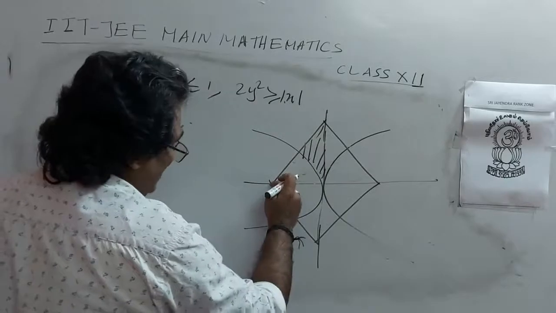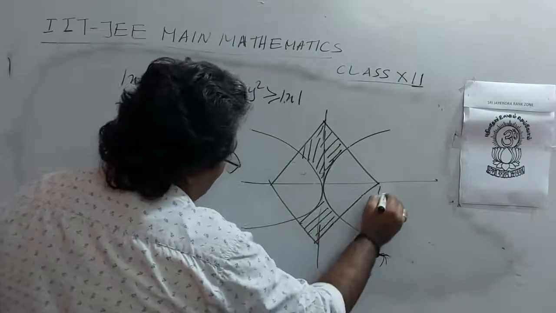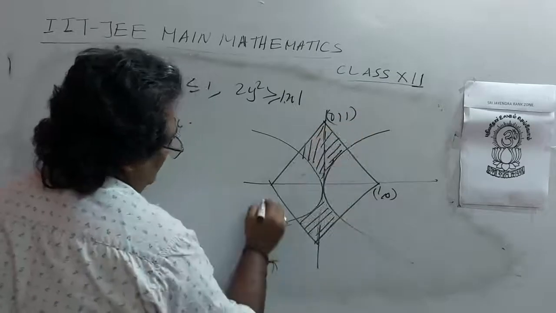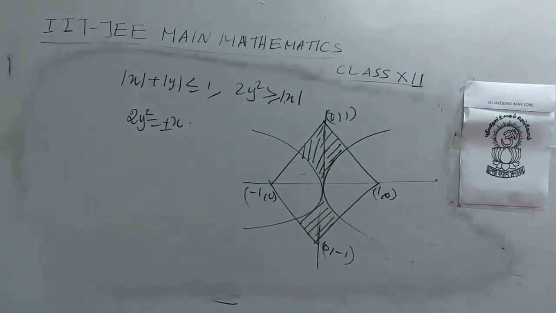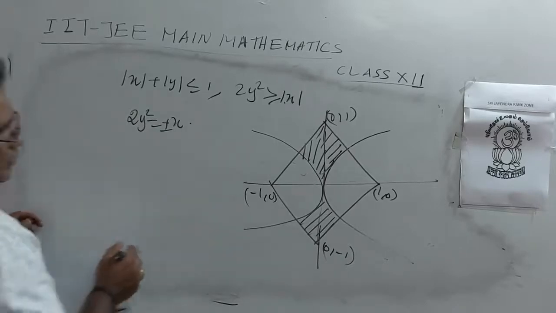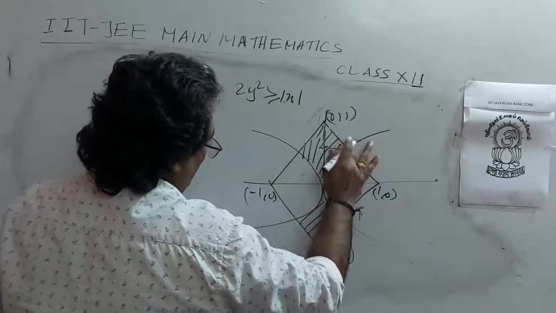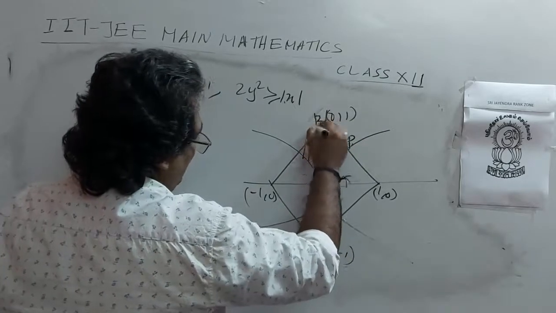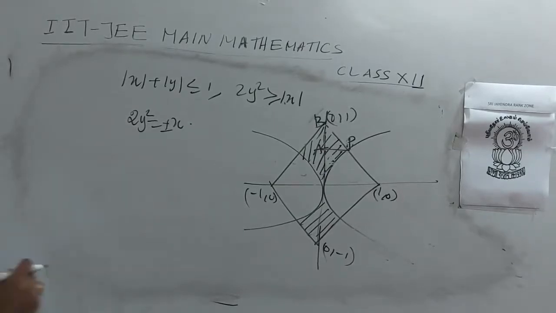Y squared less than x means inside, y squared greater means outside. This is the region we have to find.